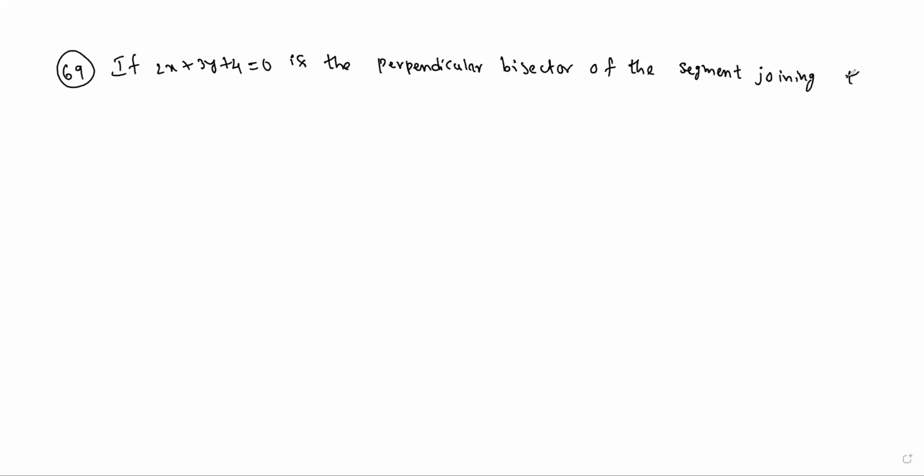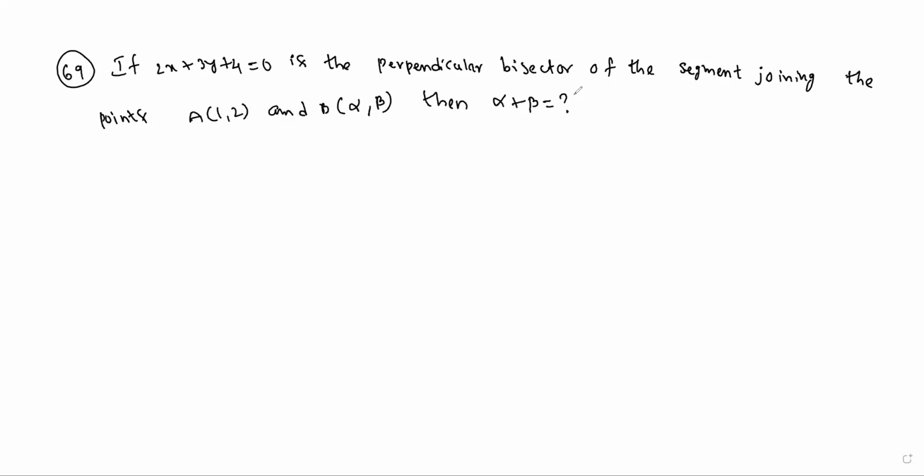If 2x plus 3y plus 4 equal to 0 is the perpendicular bisector of the segment joining the points A(1, 2) and B(alpha, beta), then we need to find what is alpha plus beta.